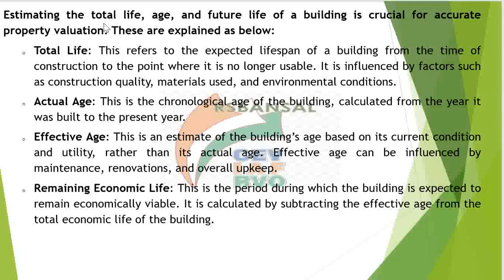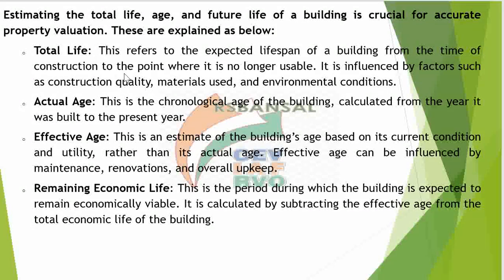Then how you can estimate total life, age, and future life of a building, which is crucial for accurate property valuation. You need three things when you are doing valuation: the total life of the building, the present age of the building at the date of valuation, and the future or remaining life of the building.